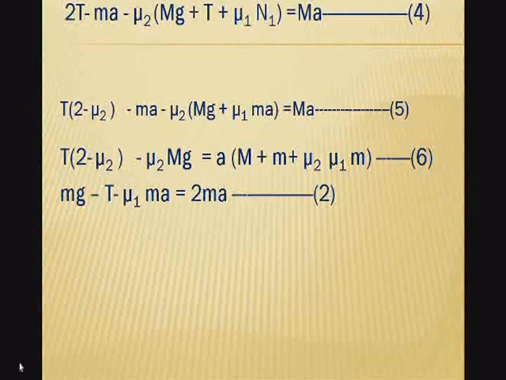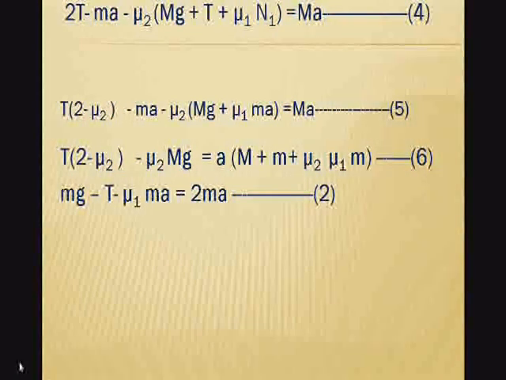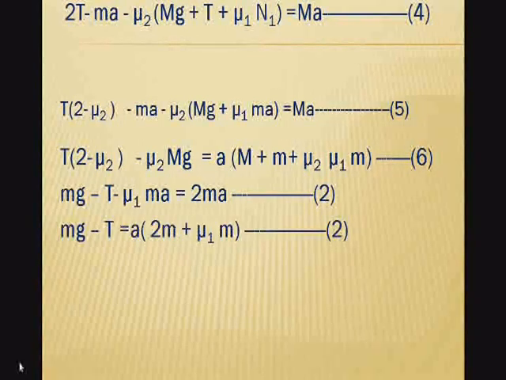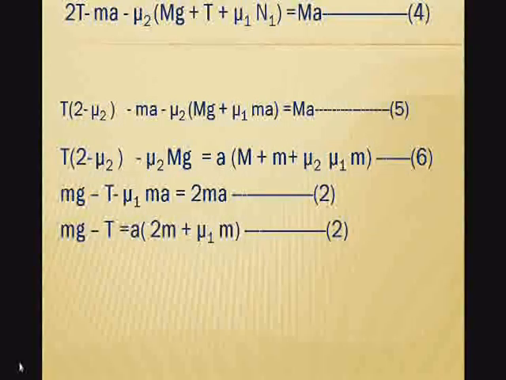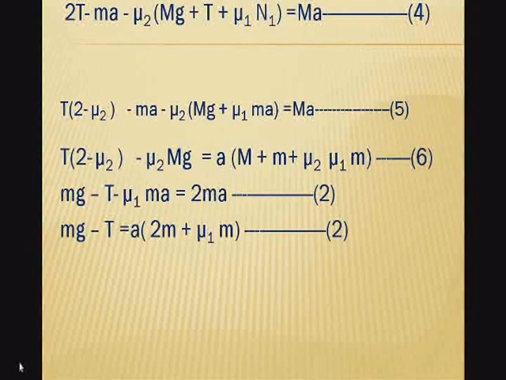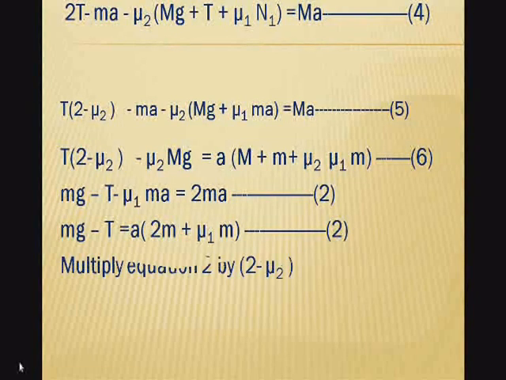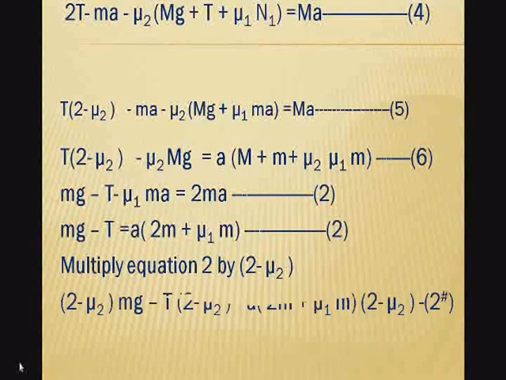mg minus T minus mu1 ma is equal to 2ma. On rearranging this equation, it will become mg minus T is equal to a in the bracket 2m plus mu1 m, and on multiplying this equation by 2 minus mu2, this will become this.